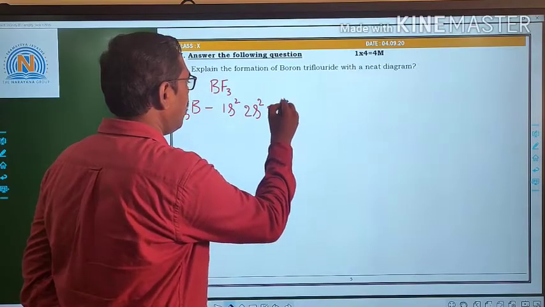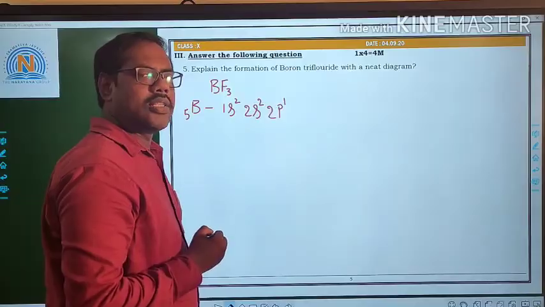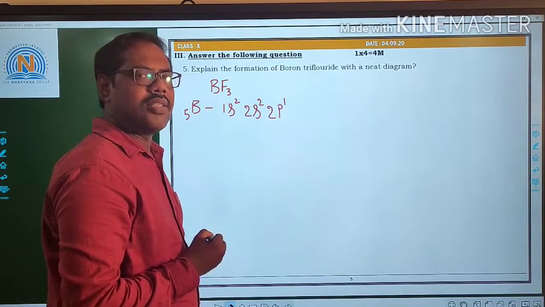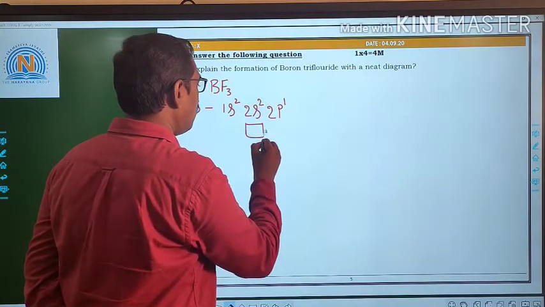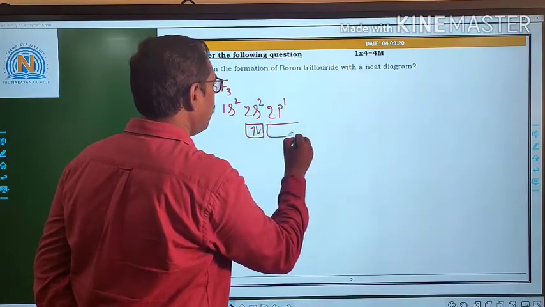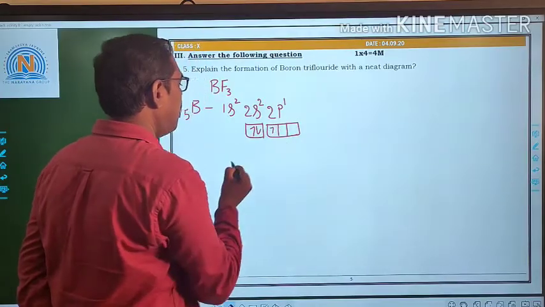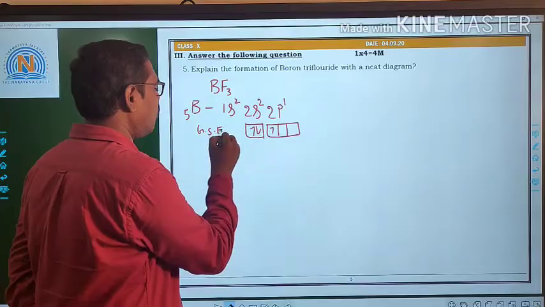The boron contains 3 electrons in its outermost orbit, that means it contains 3 valency electrons. Here the 2s orbital contains 2 electrons and the 2p orbital contains 1 electron. This is the ground state electronic configuration of boron.